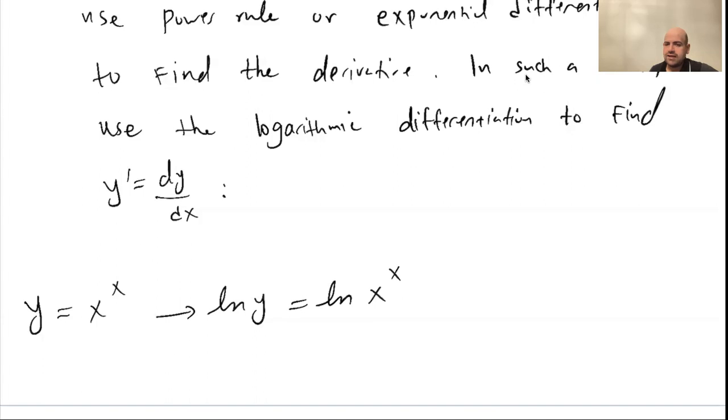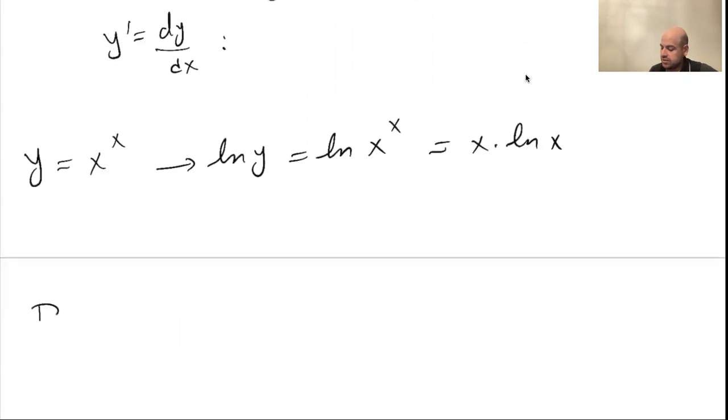Now right hand side is ln x to power x. If I use logarithmic properties, I can simplify it as x times ln x, right? Because the power can be taken out. So I can write it as x times ln x. Now I can differentiate both sides. And what will I get?